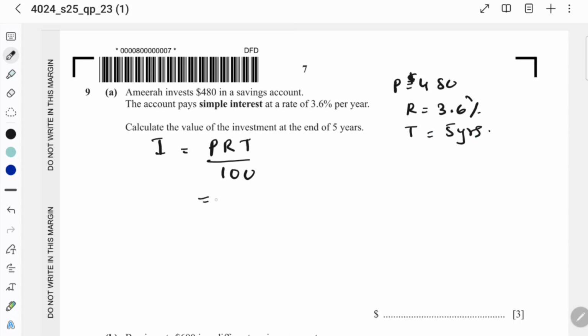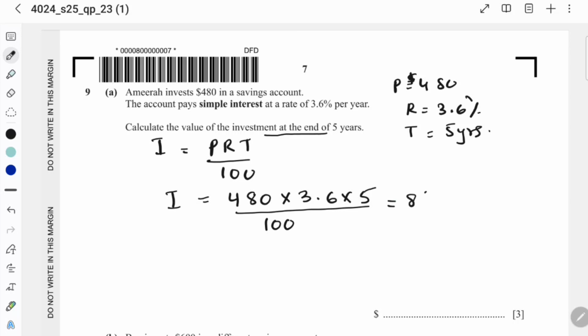Substitute the numbers. 480 times 3.6 times 5 upon 100 is the interest, and they are asking you to find the value of the investment at the end of 5 years. So first of all we calculate how much is the interest and then we'll calculate the amount, which is principal plus interest. Okay, I've calculated already.